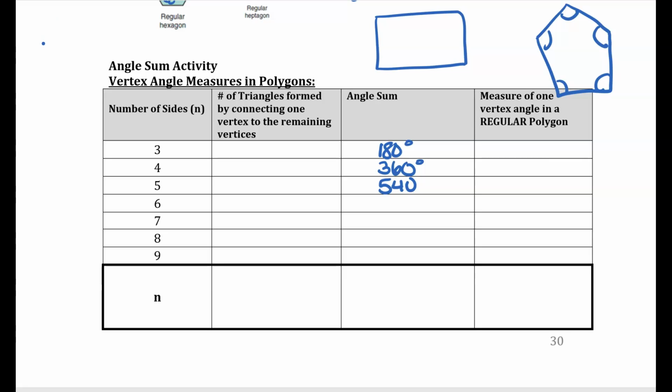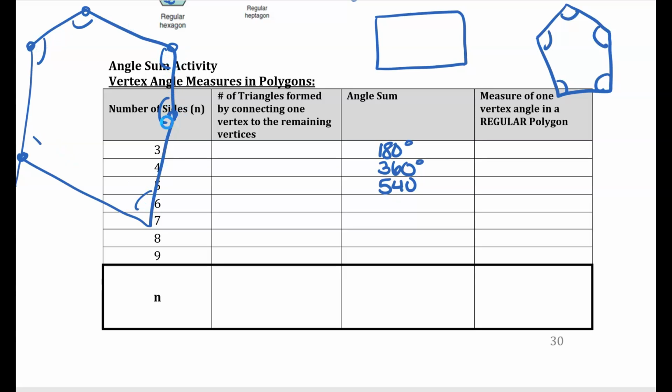We take a six-sided figure, so 1, 2, 3, 4, 5, 6. It's definitely not regular, but it's got six sides, and so we measure all of those angle measures, and we find that the sum of those is 720.